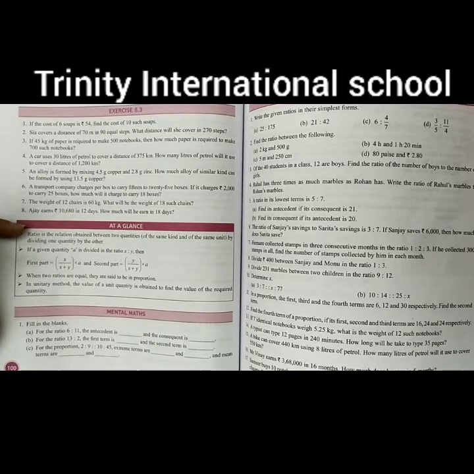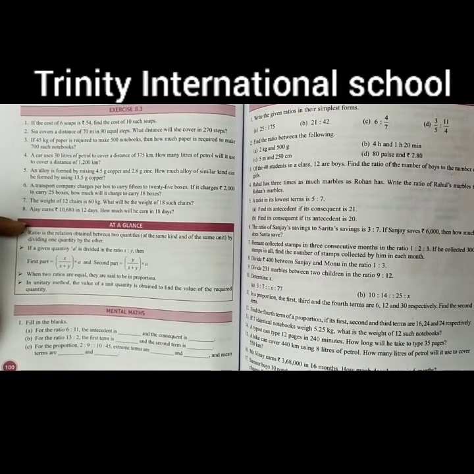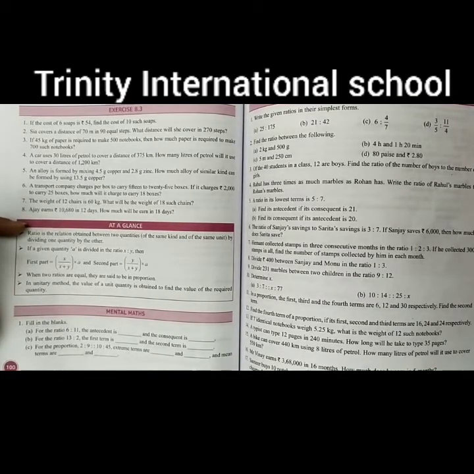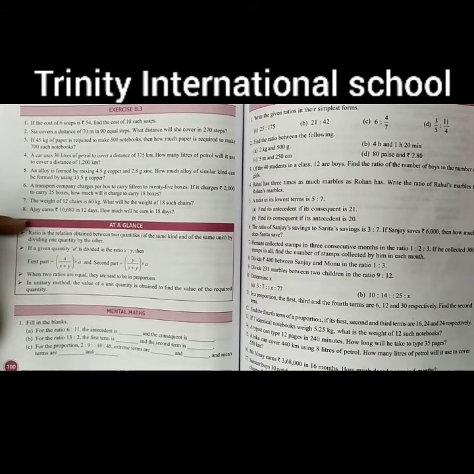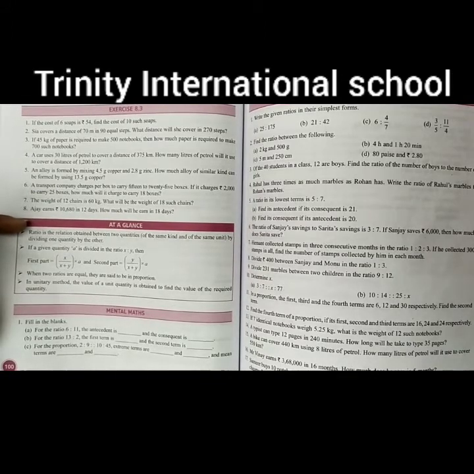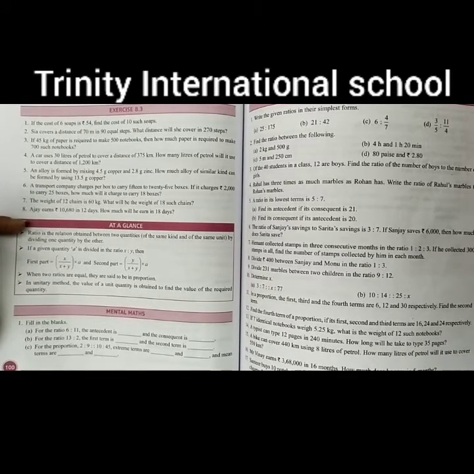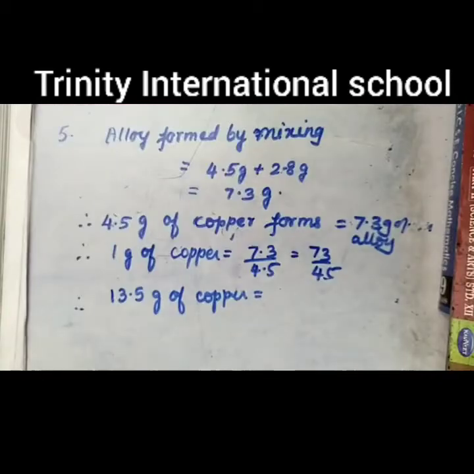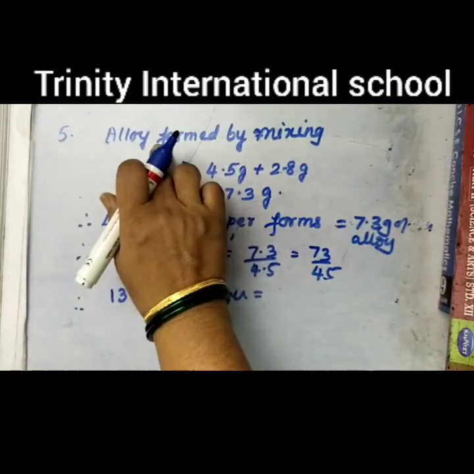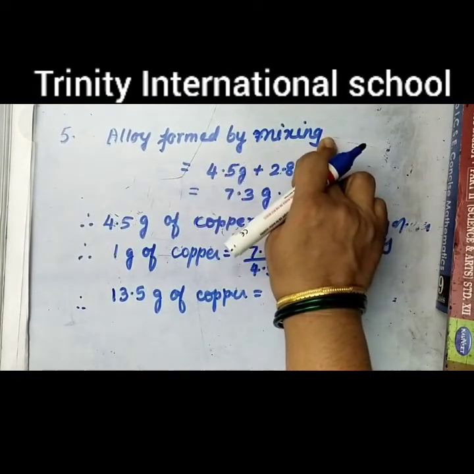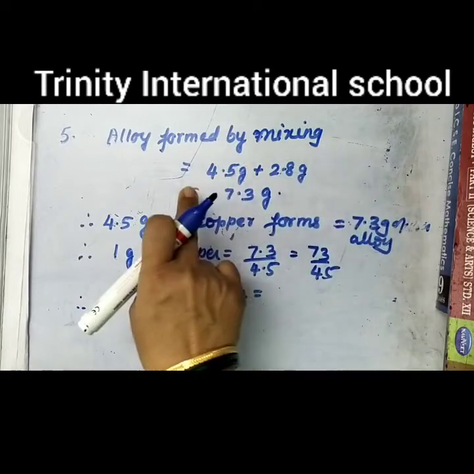Okay, so here you have two quantities, that is copper and zinc, and you need to find out the amount of alloy, that is how much alloy can be formed by using 13.5 gram copper. So let us see how we can do it. Now see students, what we can write. So alloy formed by mixing. क्या क्या एलॉय फॉर्म किया था हमने?